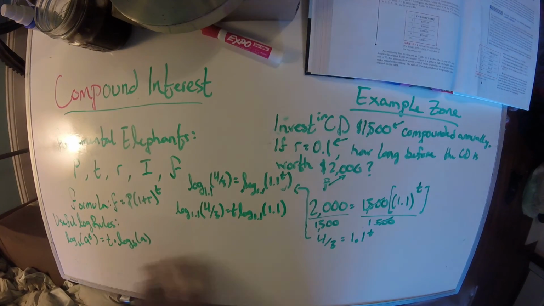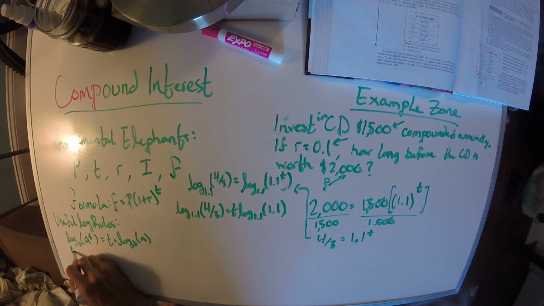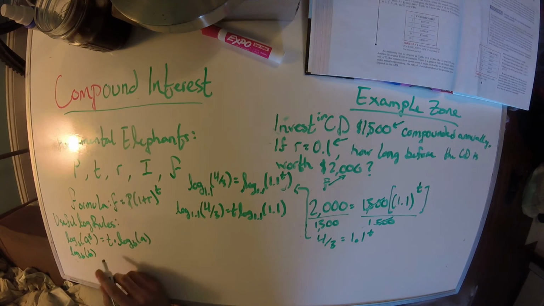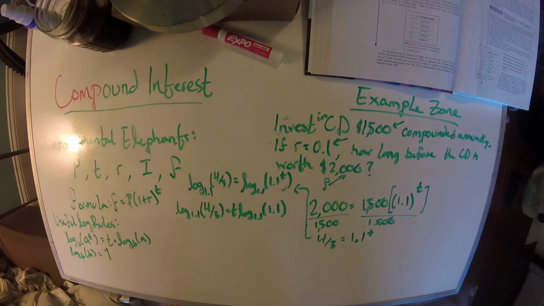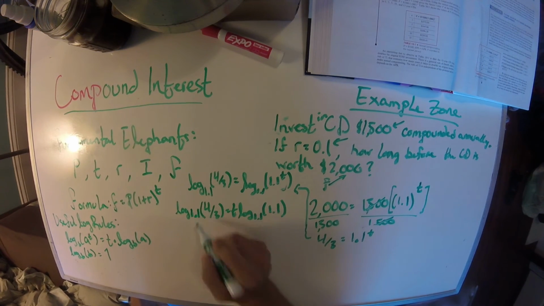And now the next useful log rule is that log base b of b, if the argument is the same as the base, it's just equal to 1. Whoa, there is a bug in my room, a flying, buzzing insect.